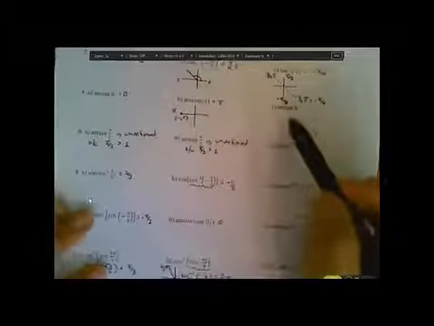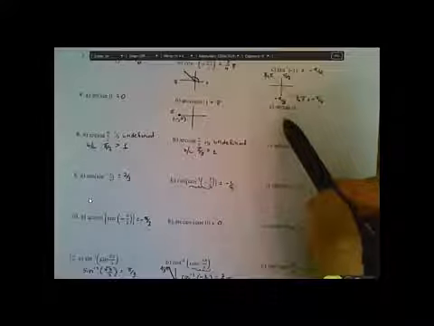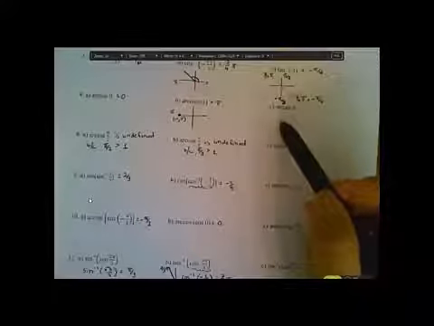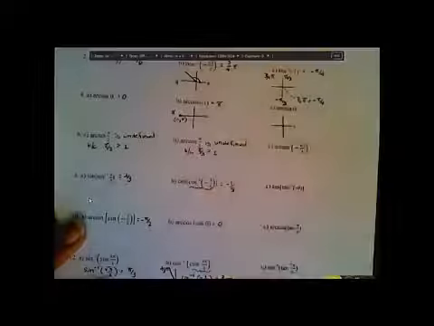Number 4, arctangent of 0. I'm looking for the angle whose tangent is 0. The angle that if you divided the y coordinate by the x coordinate, you'd get 0. Well, I'm pretty sure it's going to have to be one of the quadrantal angles.